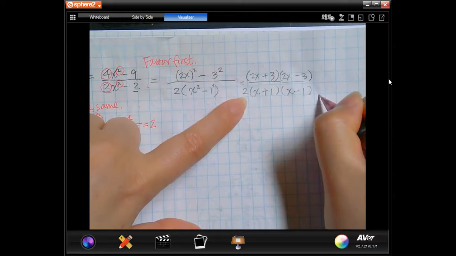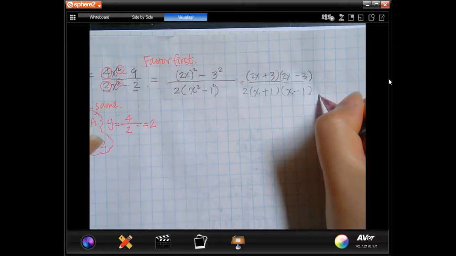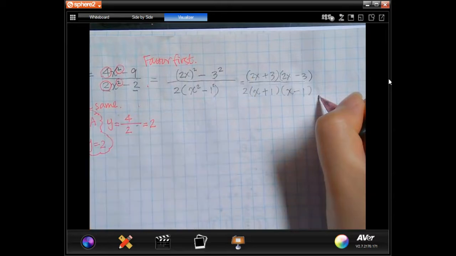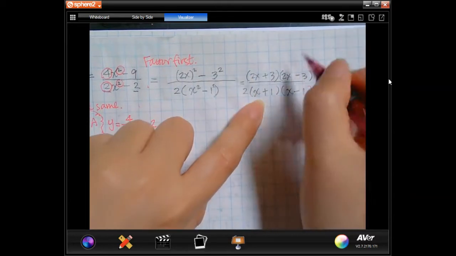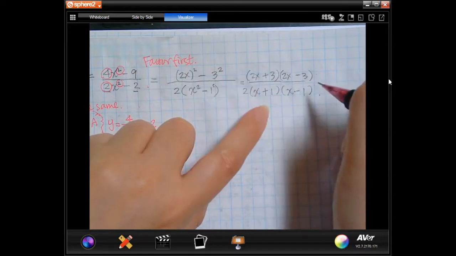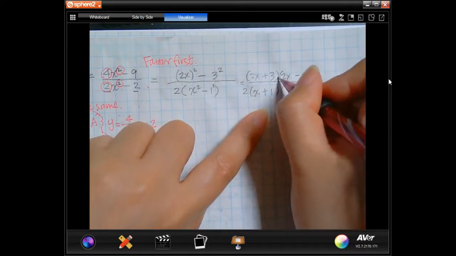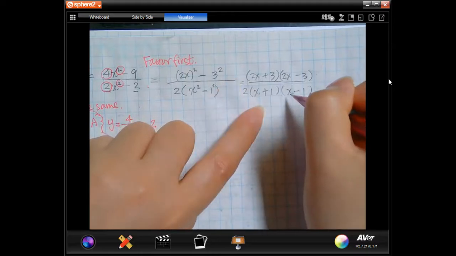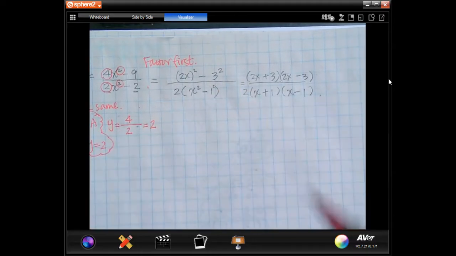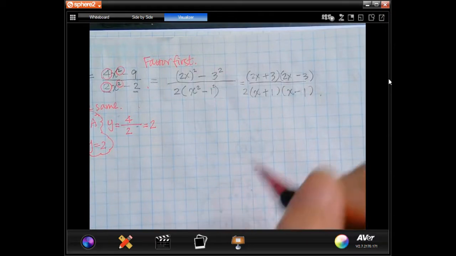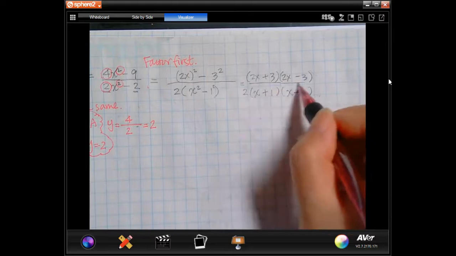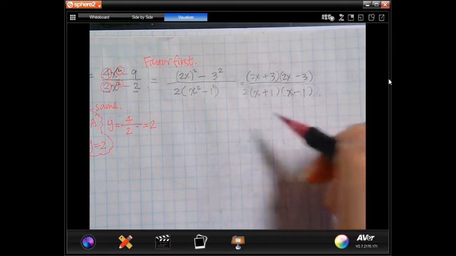But this is not the same as the previous example because I don't have any common factor to cancel. Nothing on top is the same as anything on the bottom. So then it gives me a different structure for what? Vertical asymptote.